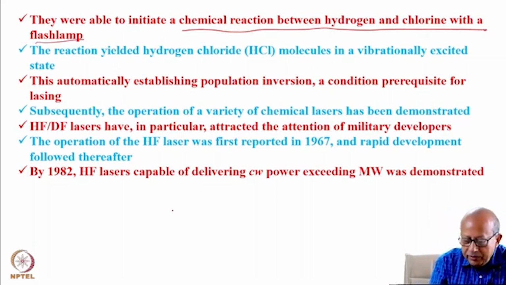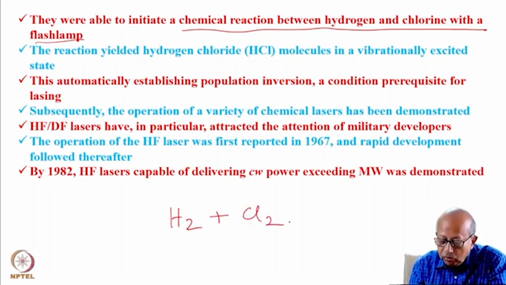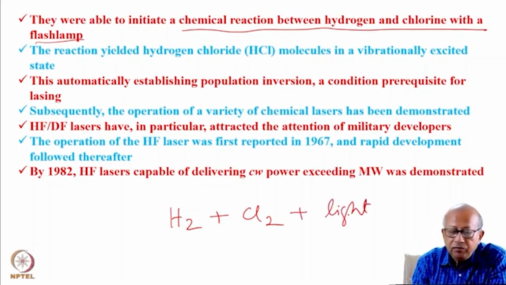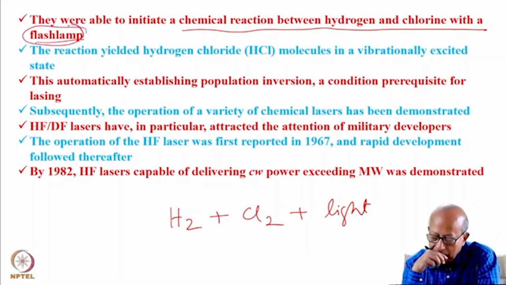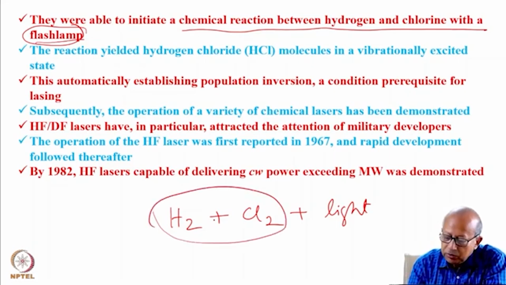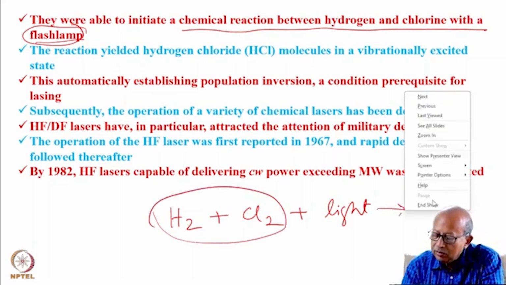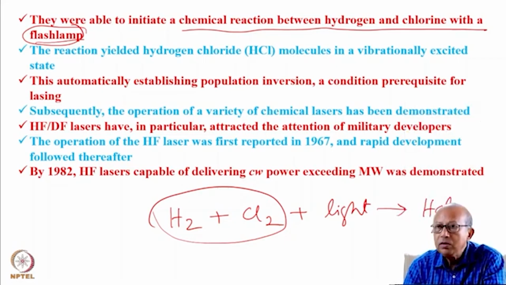So what they basically did, hydrogen gas and chlorine gas, the hydrogen molecule and chlorine molecule, in presence of light that they derived from a flash lamp. You know now what is a flash lamp. This actually triggered the chemical reaction between them, and it resulted in the formation of hydrogen chloride molecule in the excited state.